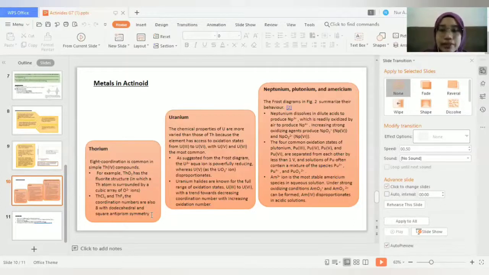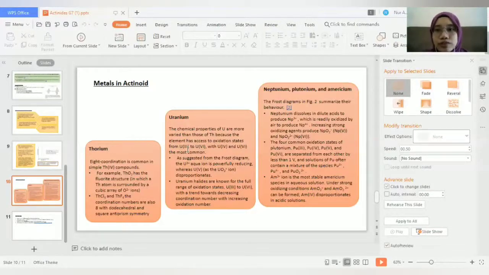Next, uranium has more varied chemical properties compared to thorium because it has many oxidation states, from uranium 3 to uranium 6. But the most common oxidation states are uranium 4 and uranium 6.